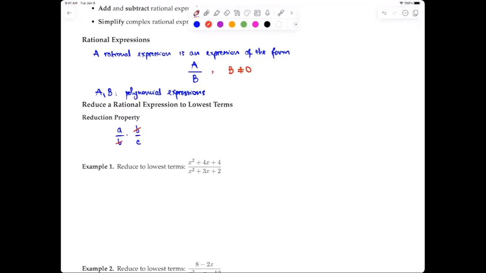You cross out the B and you're left with A over C. But because we are dealing with fractions, we need to impose conditions on the denominator. That is, B is different from 0 and C is different from 0.